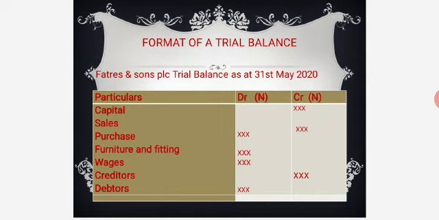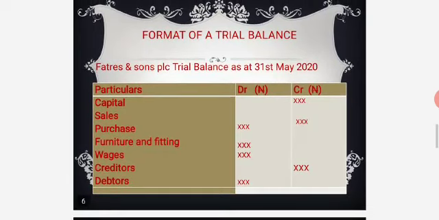Sale is money that comes into a businessman's hand. It should be credited. Purchases is like an expense because when a businessman goes out there to purchase items, money moves out from his hand to the supplier, so it should be debited. Furniture and fittings are assets, and we know that assets are to be debited.